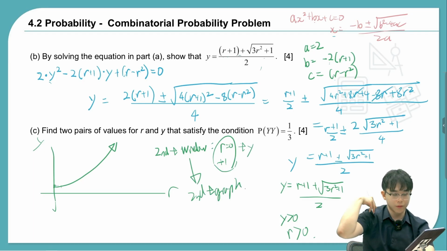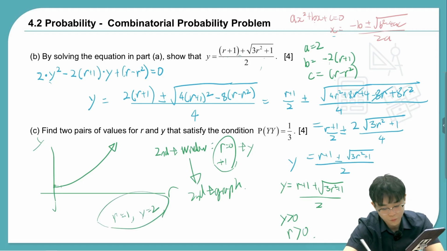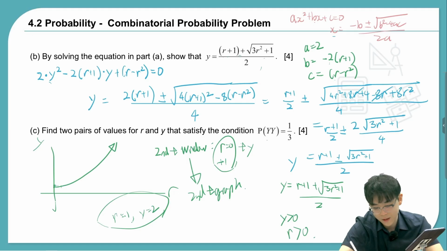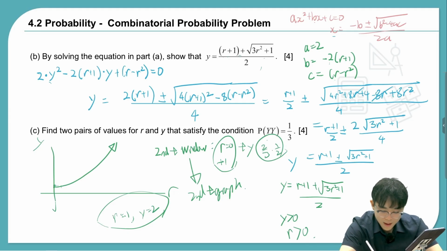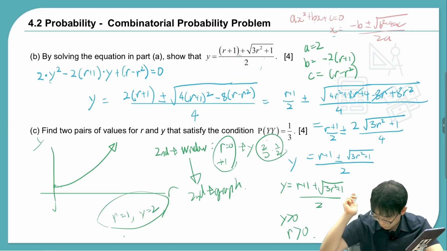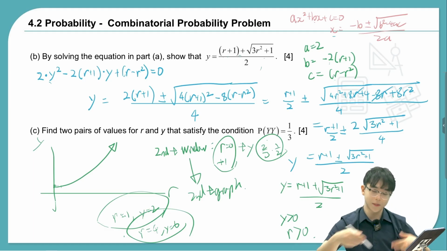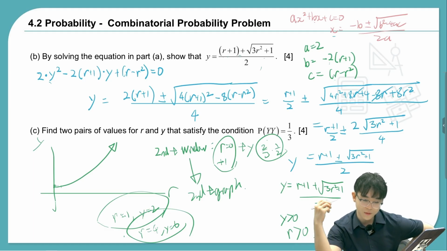So if r is 0, y is 1, but thankfully we have r is 1, y is 2. If you have one red ball and two yellow balls, then the chance of getting two yellow balls is going to be 2 over 3 times 1 over 2, so that's 1 over 3. That's correct. And if you keep on scrolling, we have r is 4, y is 6. So there we go, we found our two solutions. That should be enough, but just to be safe, do a mental exercise.